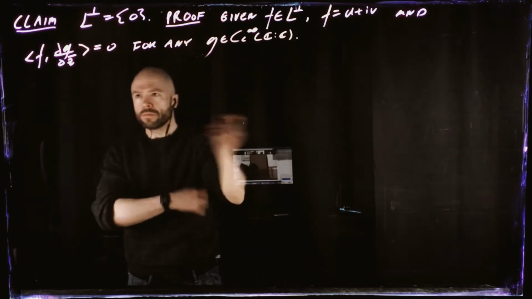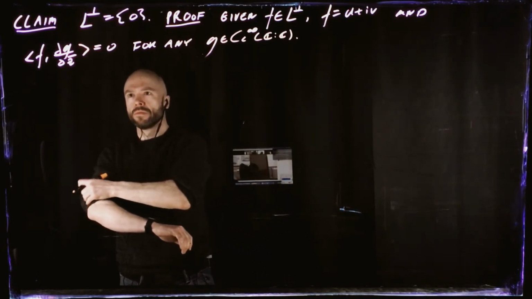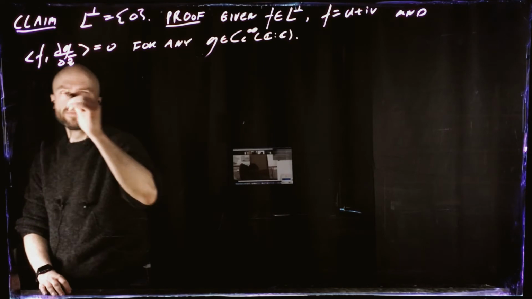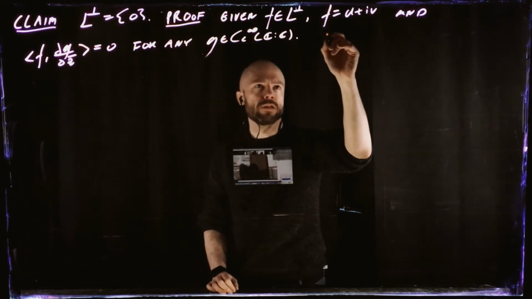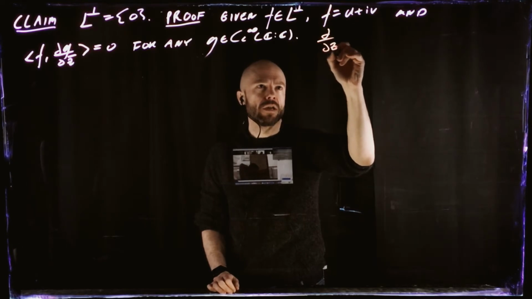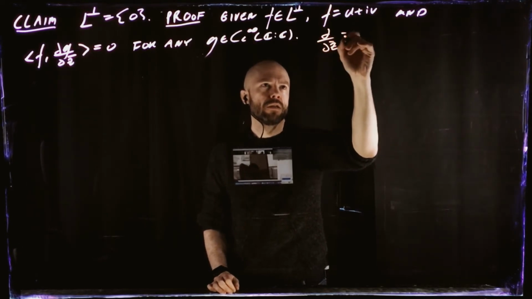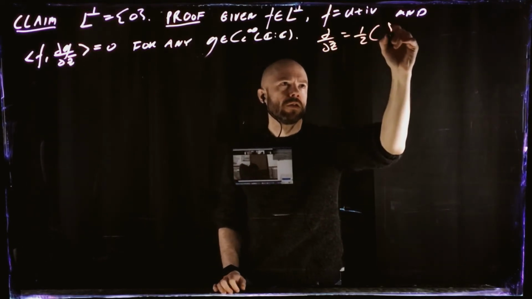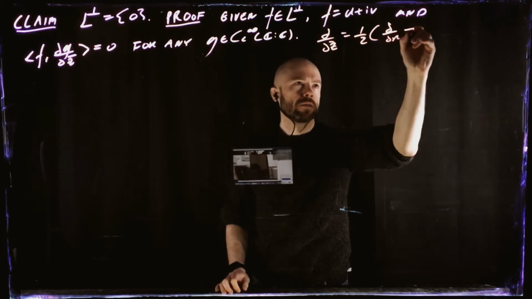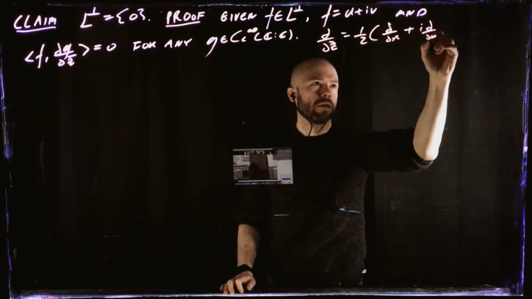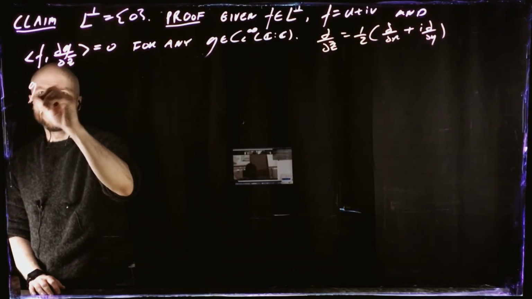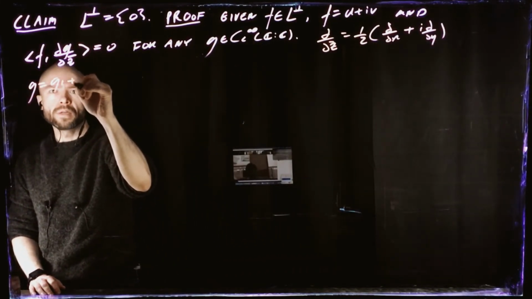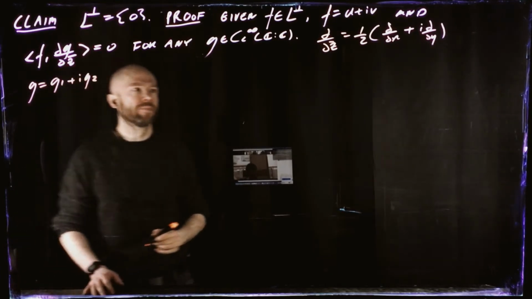So let us write out in coordinates what we have here. So what is this guy? This guy is a half of d by dx plus i times d by dy, right? And we're going to let g be g1 plus i times g2.